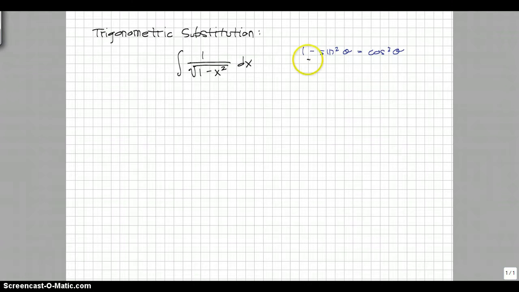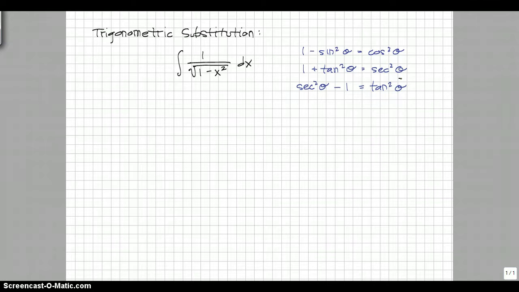And the second is 1 plus tangent squared theta is equal to secant squared theta, and we're actually going to use that one in both directions. Secant squared theta minus 1 is equal to tangent squared theta.